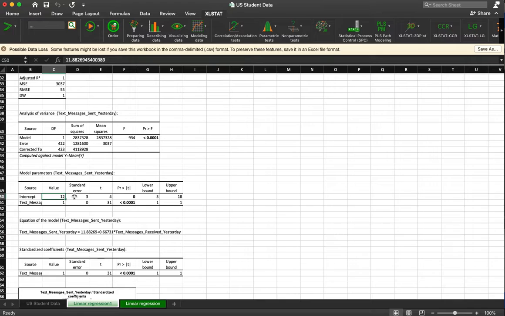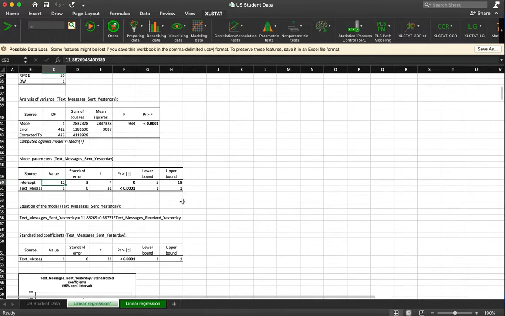And here are our values. Again, the t-value is equal to the value here divided by the standard error. These are our confidence intervals, lower bound and upper bound, for what the coefficient here could be.